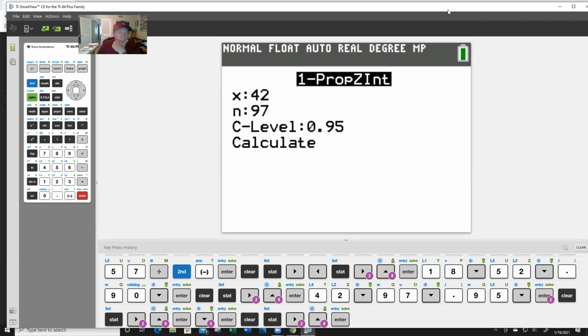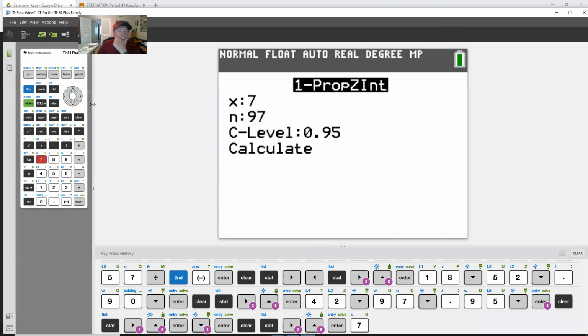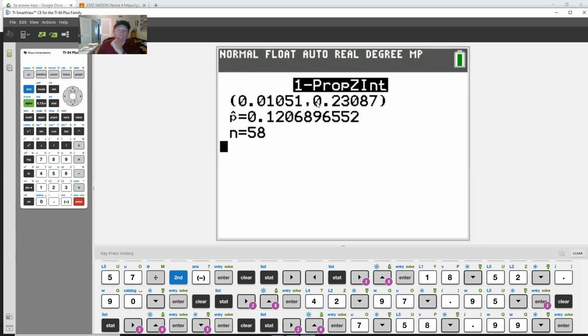What we got? 7 out of 58 at 99%, which is 0.99. Hit calculate. And it's between 1% and 23% is the truth. Again, pretty small sample size. So the point estimate was 12%, but we got like an 11% margin of error going each way. Okay, all right. Very cool.